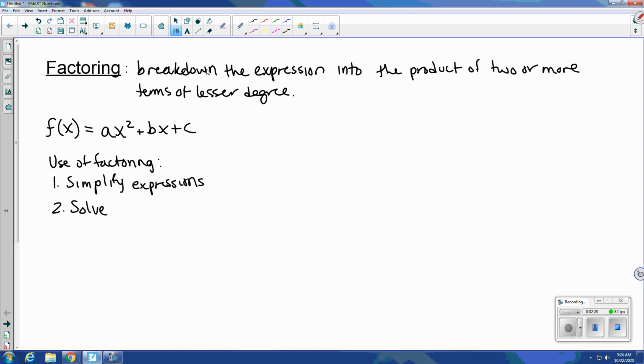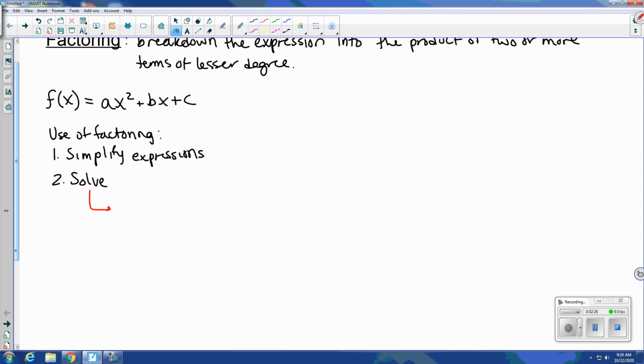And the other purpose is to solve these quadratic equations. What we need to note about the solving process, which is what we'll spend most of our time doing, is that it's important that we take care of these prerequisite conditions. These things must be satisfied prior to doing the actual factorization process. The first prerequisite is to set the equation equal to 0.